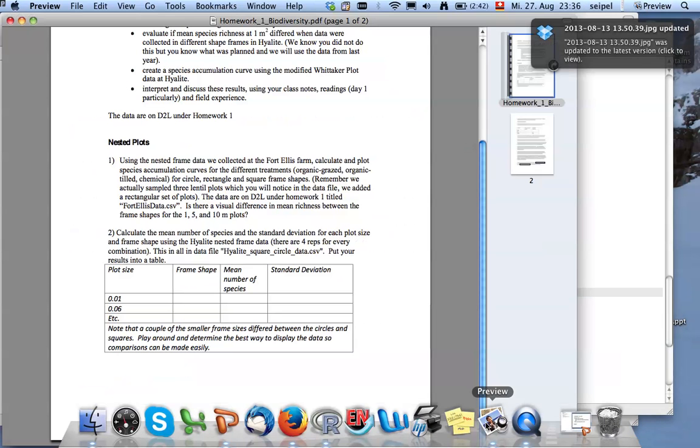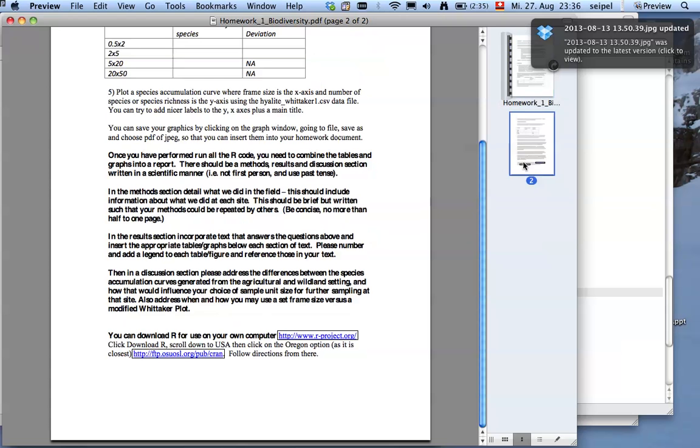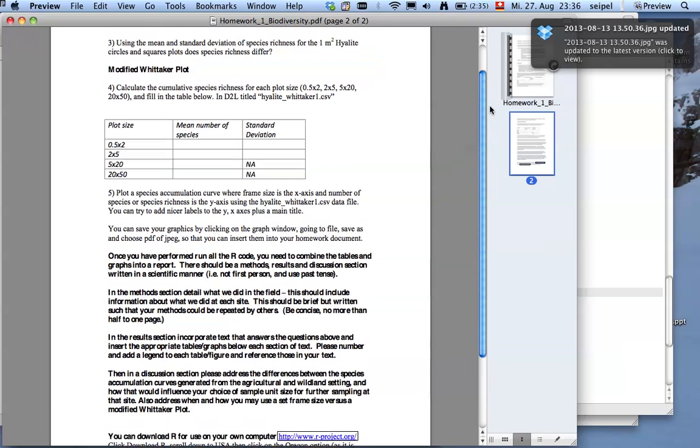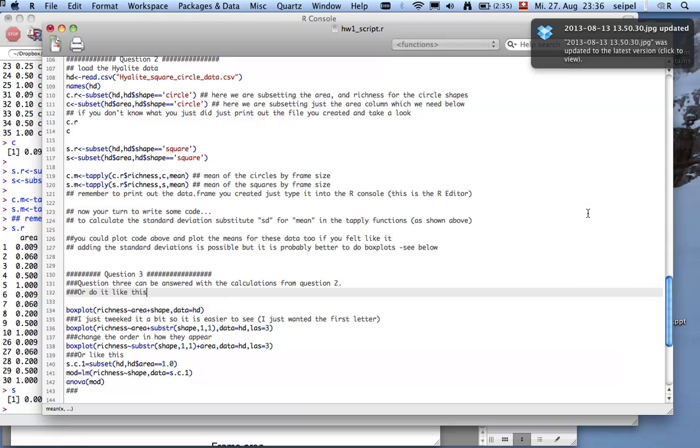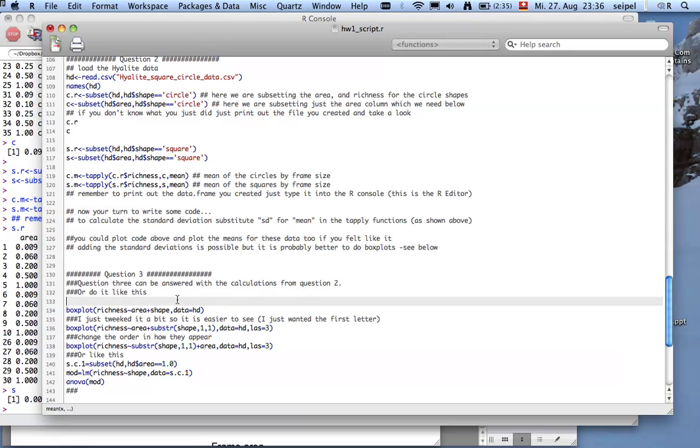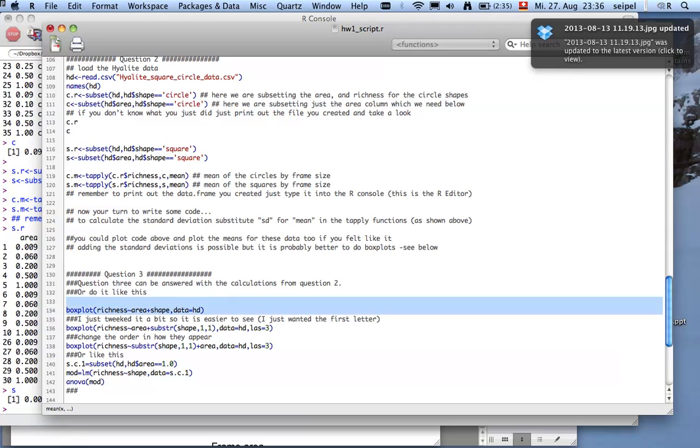So question 3 is: use the mean and standard deviation of species richness for the 1 meter squared highlight circles and squares, and answer, does species richness differ between the circles and the squares? So there's lots of ways you can do this. I'll show you how to use box plot like we did before.